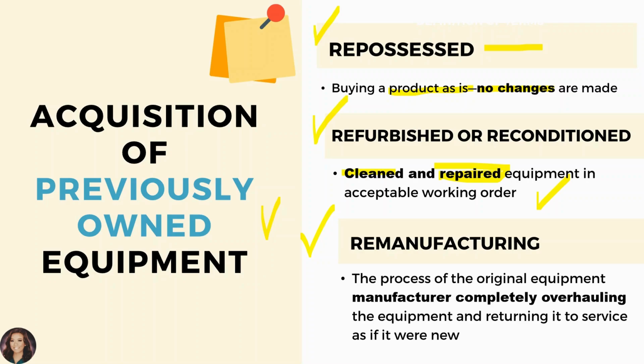Lastly, we have remanufacturing. So from the word remanufacturing, bumalik daw siya sa manufacturer. So this is where the original equipment manufacturer is the one who completely overhauled, no? May overhauling ng equipment and then binalik niya to service as if it were new. So having this term na overhauling, I just checked what it means.